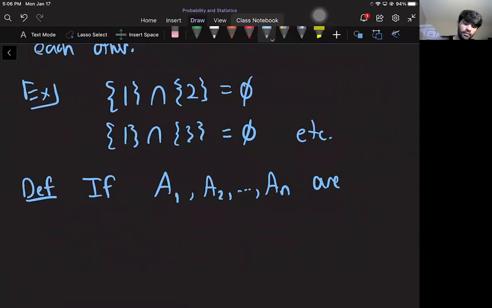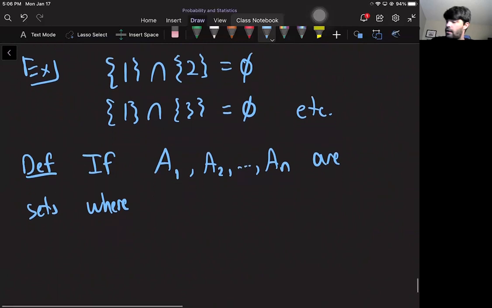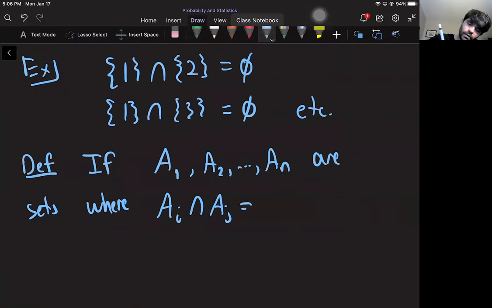If these are your events or your sets more generally, and you want to say that they are all disjoint from each other, with no common intersection between any pair, you can say Ai intersect Aj, picking any pair, is empty, for all i not equal to j.